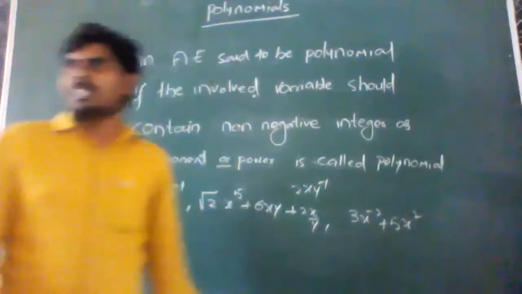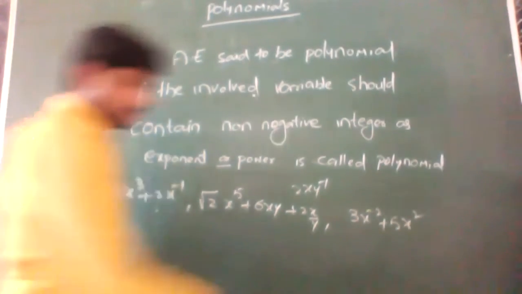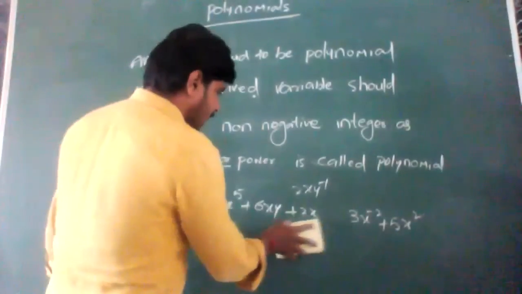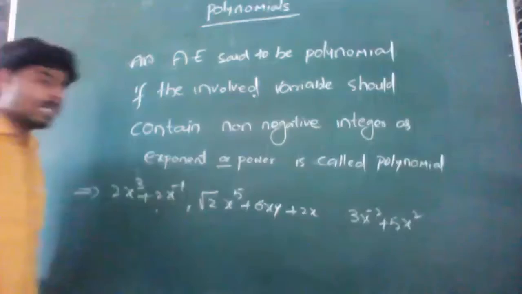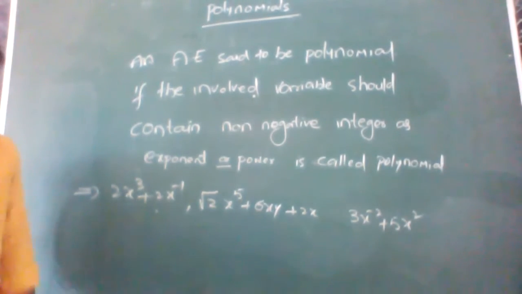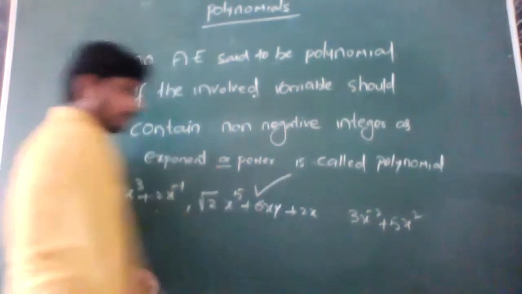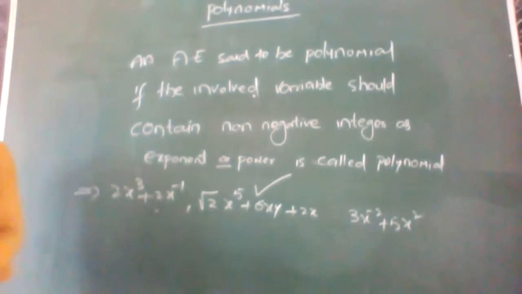Right, so these three are not polynomials. Suppose if this y is not here, then it is a polynomial. Clear? Any doubt? So only this one is the polynomial now. Remaining two are not polynomials.